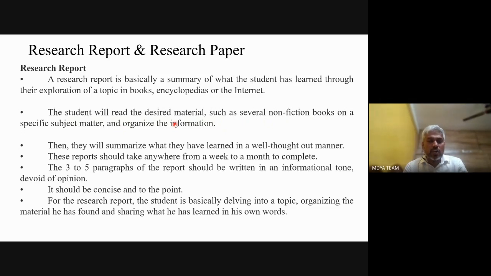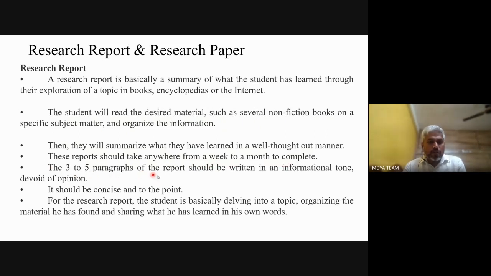Here in yoga, you will read the traditional scriptures and other books on the specific subject matter, and organize the information. Then you will summarize what you have learned in a well thought out manner. This report should take anywhere from a week to a month to complete.